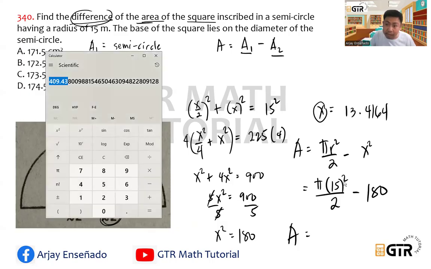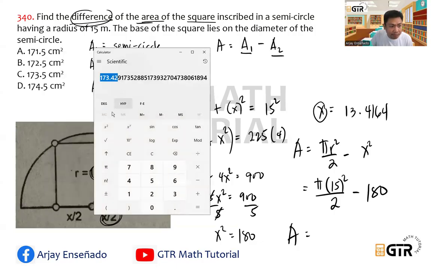Pi times 15 squared is 706.8583. Divided by 2, that is 353.43. Subtract 180, and that is equal to 173.429.